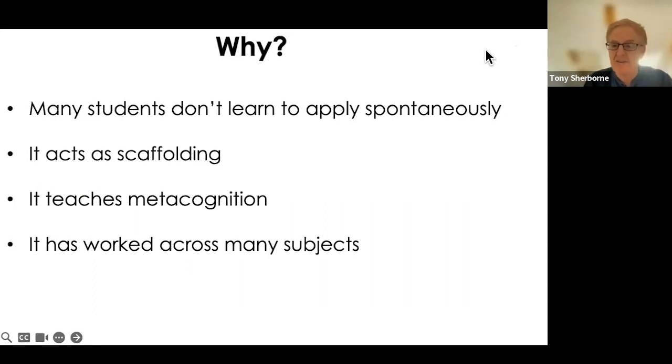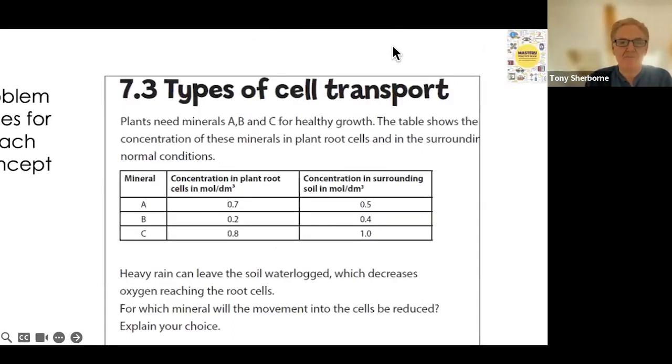It would be great if you just taught them the knowledge and then gave them the practice exam questions and they could do them, right? But they generally can't. So we have to put this stage in. And there's going to be lots of scaffolding and there's going to be actual teaching of metacognition. As you know, these things work very well. And there's a long history of using teaching of cognitive processes in different subjects.